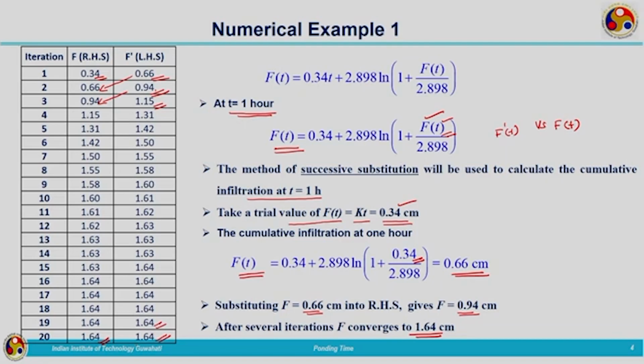Even after 1.64 is substituted in the Green-Ampt equation on the right hand side, F dash calculated was 1.64. So, this is our final cumulative infiltration. Capital F of t corresponding to 1 hour is calculated as 1.64 centimeters.